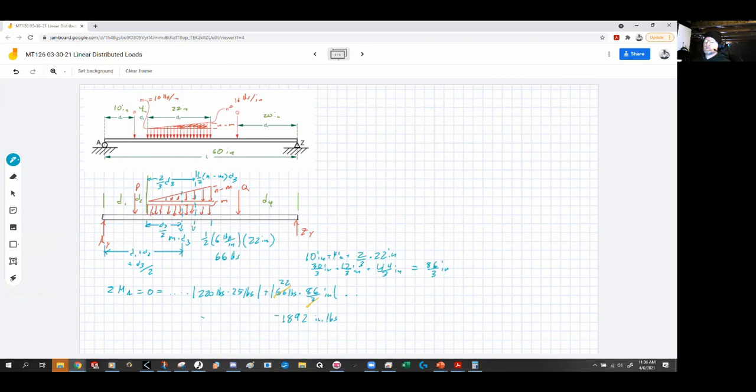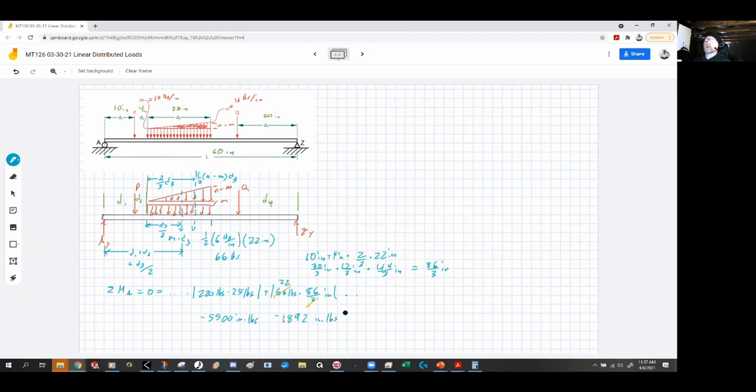So that's negative 5,500 inch pounds. Okay. The other terms I'm going to let you deal with because those are fairly easy to work with, and hopefully you've already done those. But that's just another example of how to deal with these linearly distributed loads.